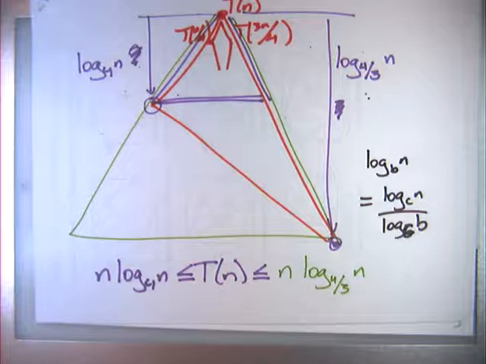You can change the base of a log just by multiplying by a constant. So if I want to change log base 4 of n into log base 4/3 of n, I just have to multiply by log base 4/3 of 4, or divide by log base 4/3 of 4. Okay, log base 4/3 of 4 is a number. It's, I think, about 3-ish.